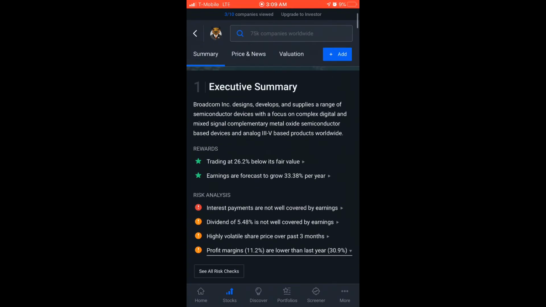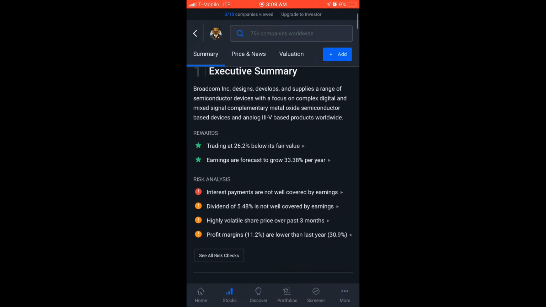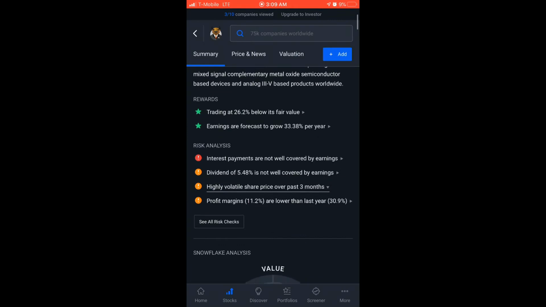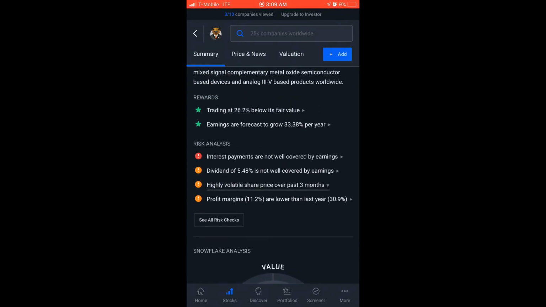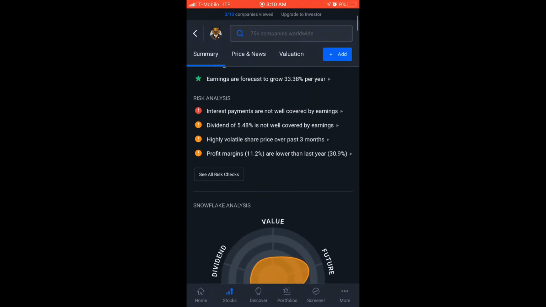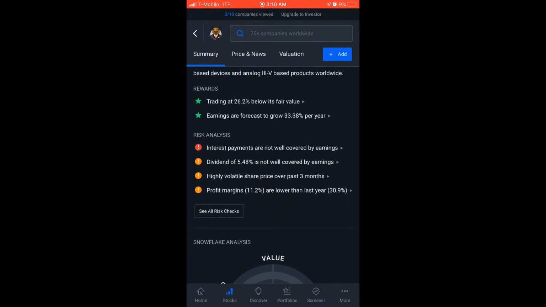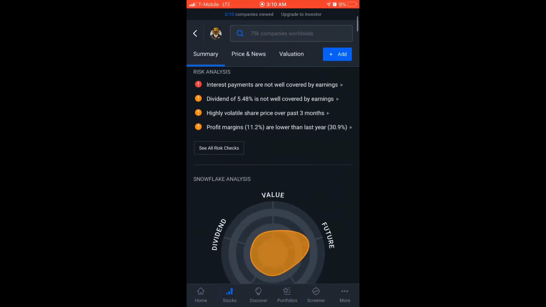Maybe if the price goes down a little more to 30% below fair value. But look at that, earnings are forecast to grow 33% per year. That's crazy. That's why the PE ratio is going to go from 39 right now to 10 next year because of this growth.